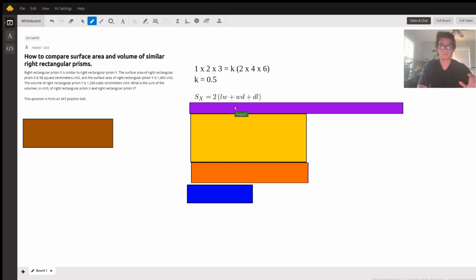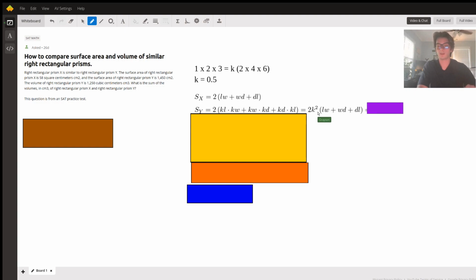And that's going to look like this. So Sy equals 2 times KL times KW, and so on and so on. And if we work this out, we're going to factor out this k squared that we end up with. And then it's just simply going to look like this: Sy equals k squared Sx.